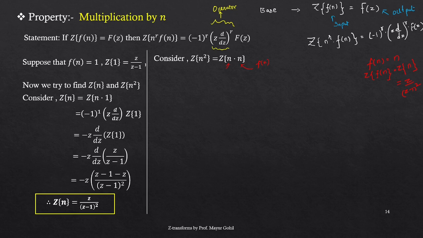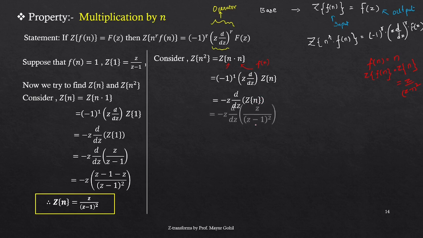So I am now in a position to apply the multiplication property. It will now become minus of 1 to the power 1 z d by dz operated over the z transform of n. So this operator is now operating over the z transform of n.